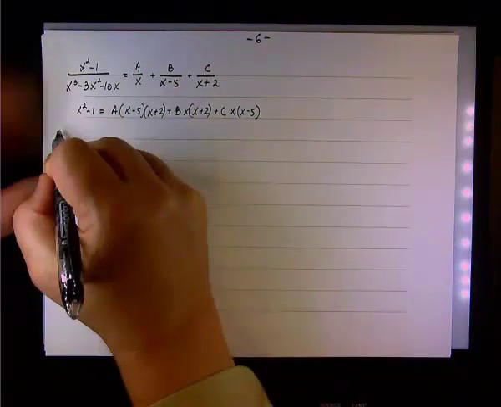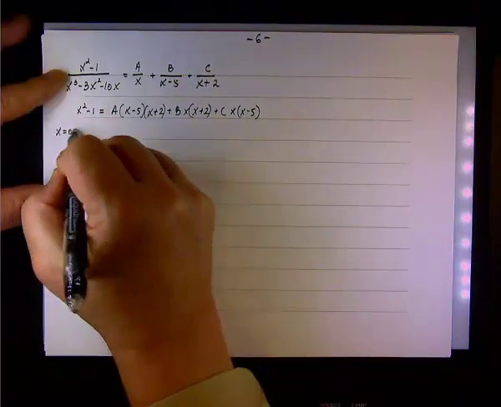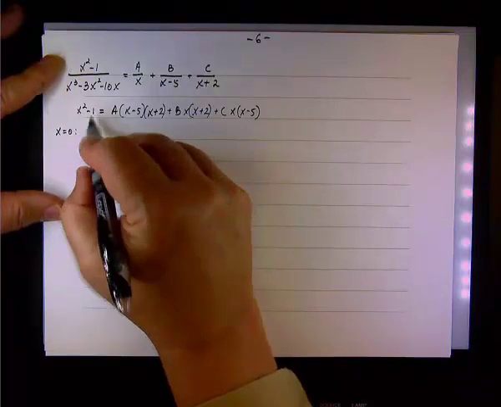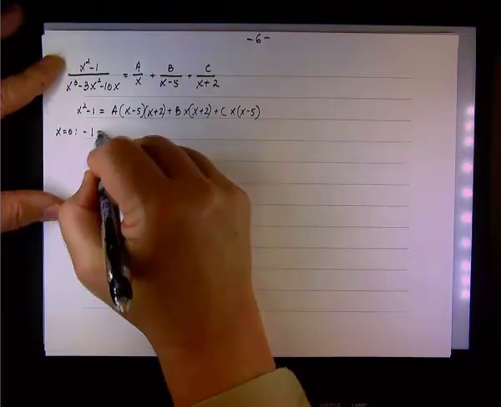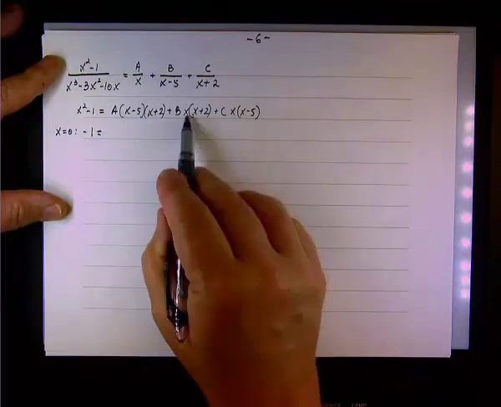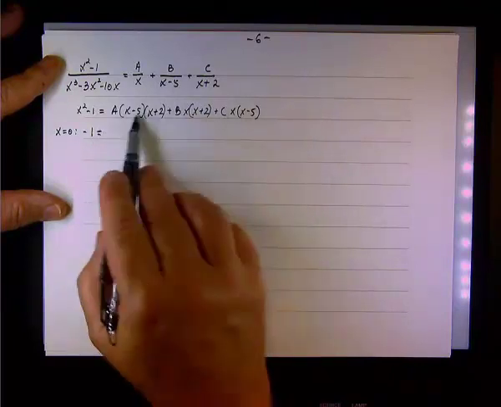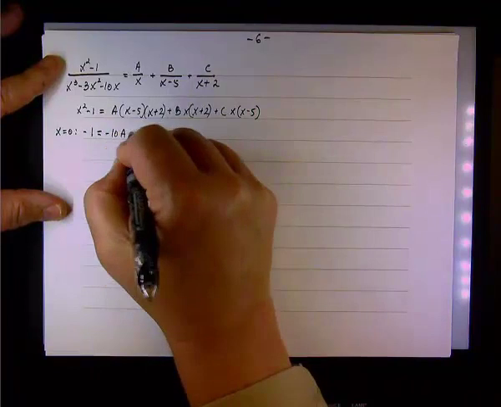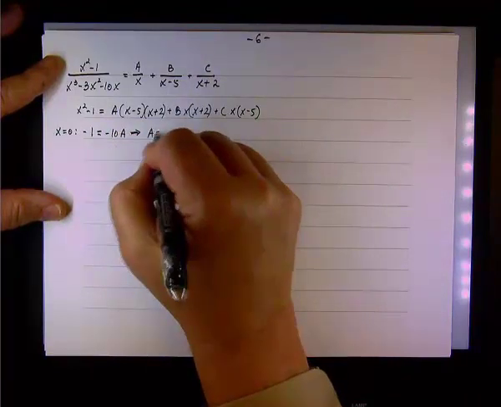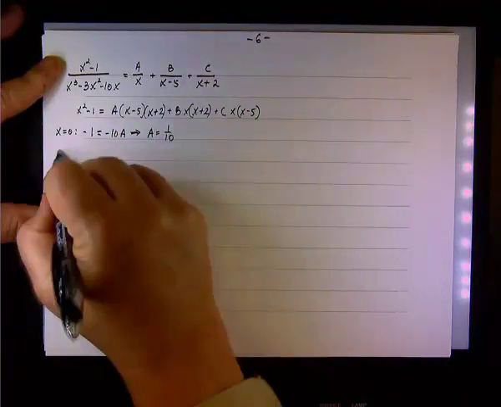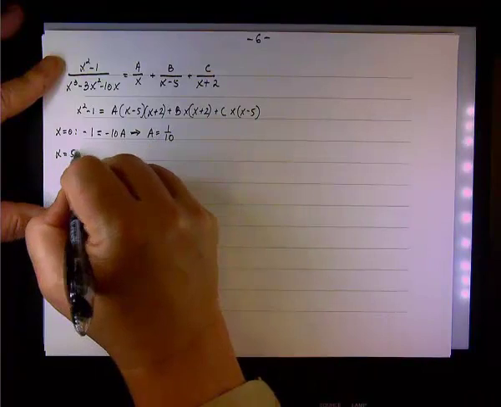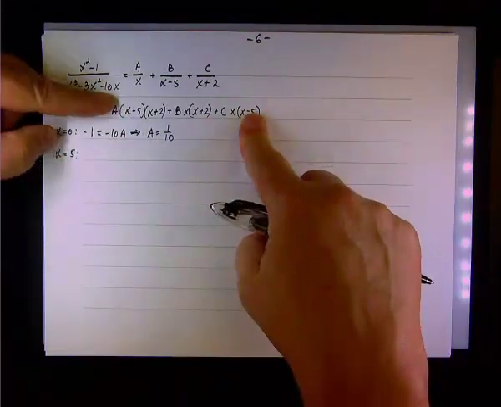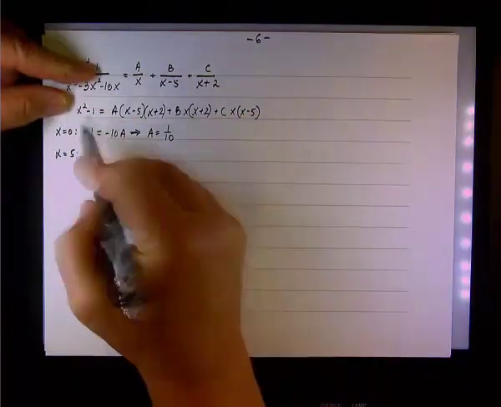Okay? And now we don't need to do much because we can let x equal 0. In this case, if x equals 0, then negative 1 on the left equals, so let's see, these two disappear, and here we have negative 10a. So from here you get a equals 1/10.